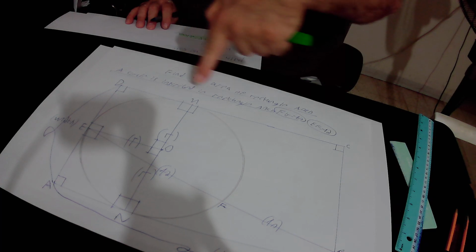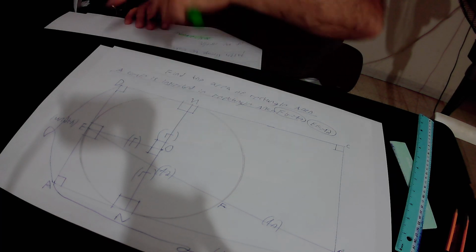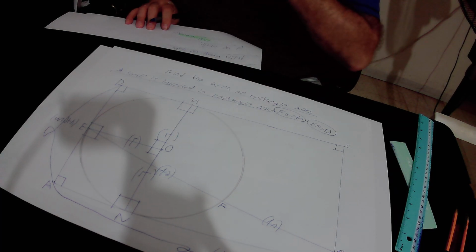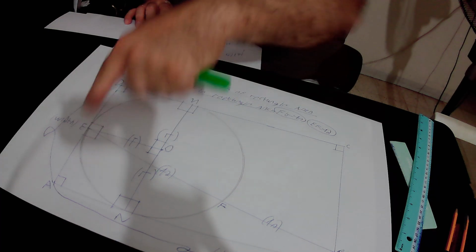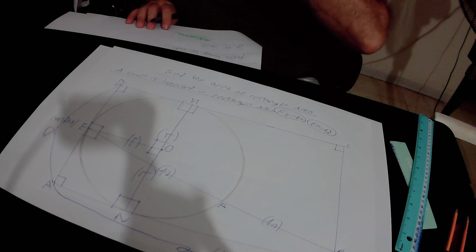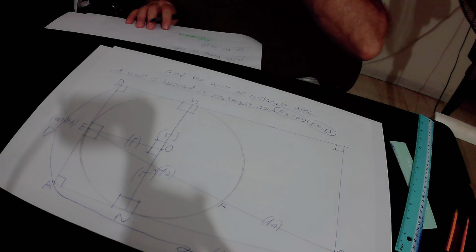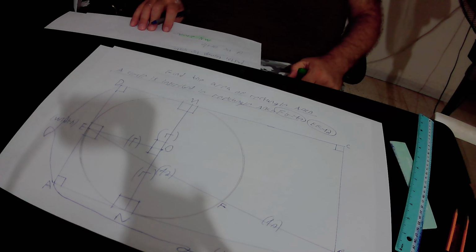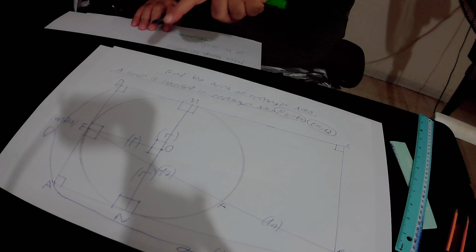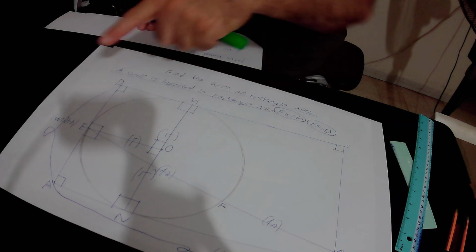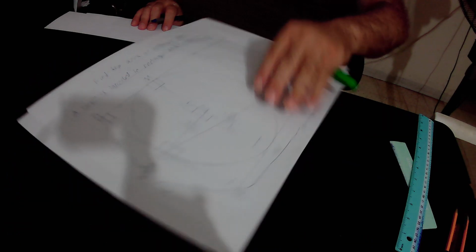Therefore, this shape DMNA consists of 4 sides: 1, 2, 3, 4. And therefore it is a quadrilateral that has 4 right angles. And you know that any quadrilateral that has 4 right angles must be at least a rectangle if not a square. So we write that this quadrilateral DMNA is a rectangle because it has 4 right angles.